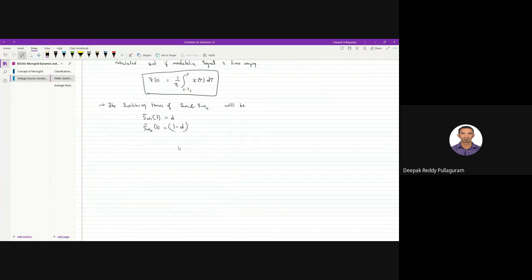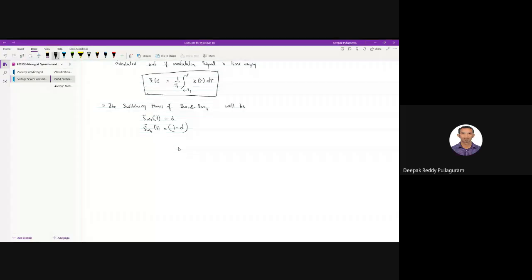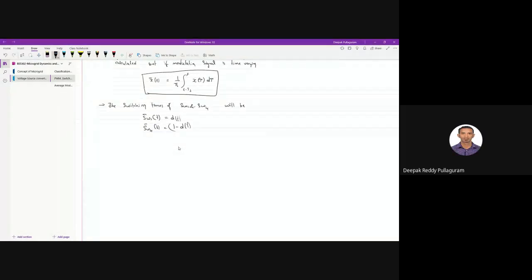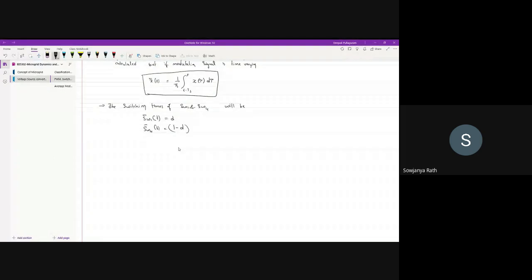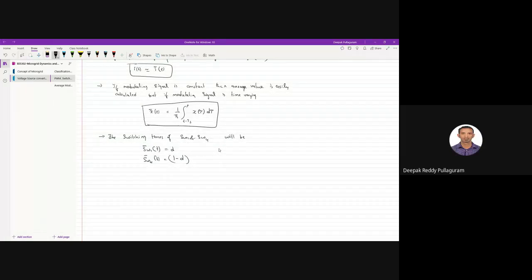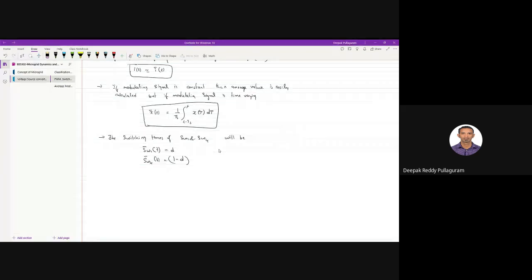Could you understand this point here? Yes, sir. D is the duty cycle. But this is time varying, right? Yes, D is also time dependent again. D is not a constant, it's time dependent. Generally we can't take the duty cycle like this, but in this case, as the duty cycle is time dependent, we are taking D as just the on time and off time, which keeps changing.